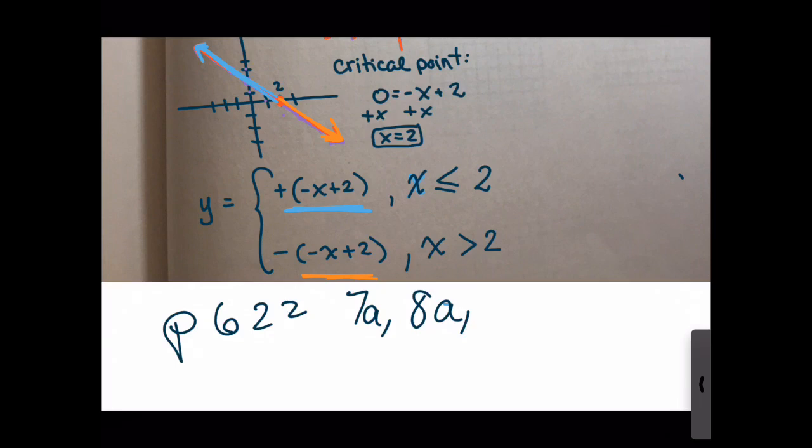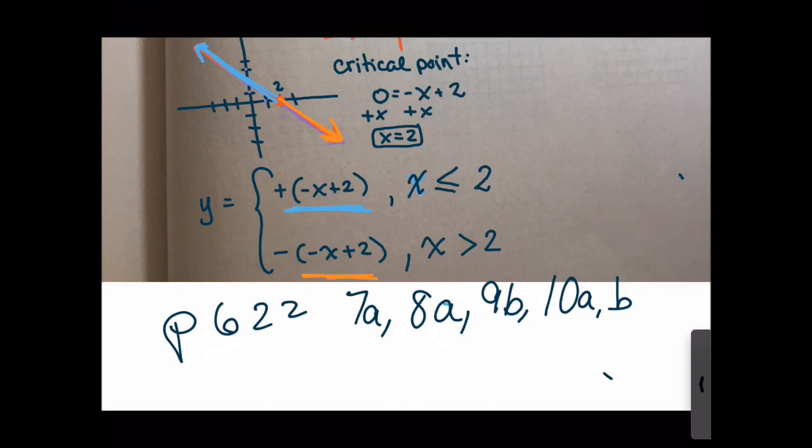We just did 9A, so you can do 9B. I want you to graph 1 and 10A and B. That's it. Because those are just all linear ones.